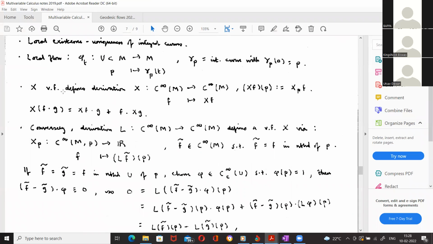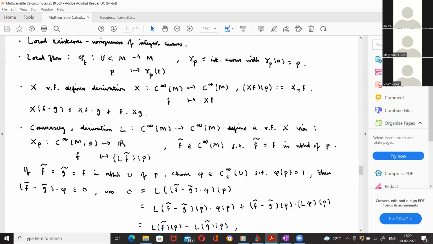It defines what's called a derivation of the ring of smooth functions C infinity(M). So it defines a map X from C infinity(M) to C infinity(M). f maps to Xf, where Xf is the function whose value at p is the following. So Xf at p is basically X_p acting on f.